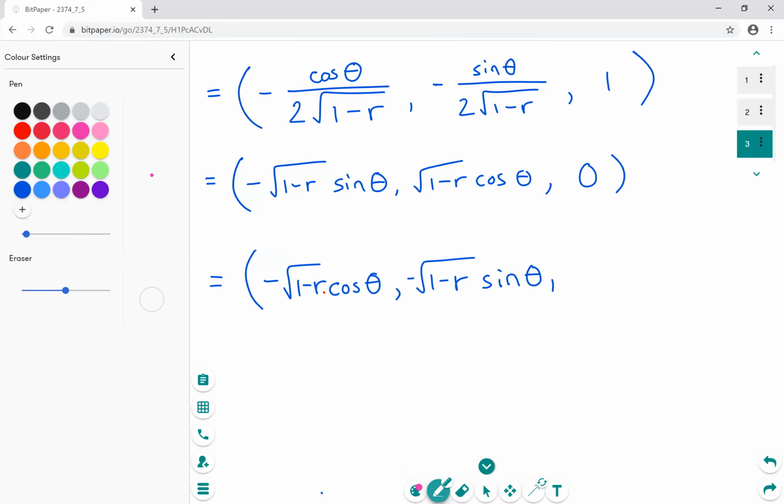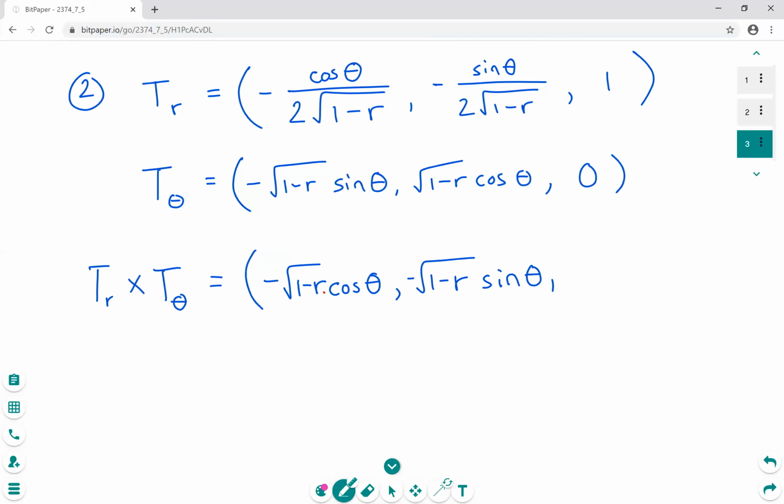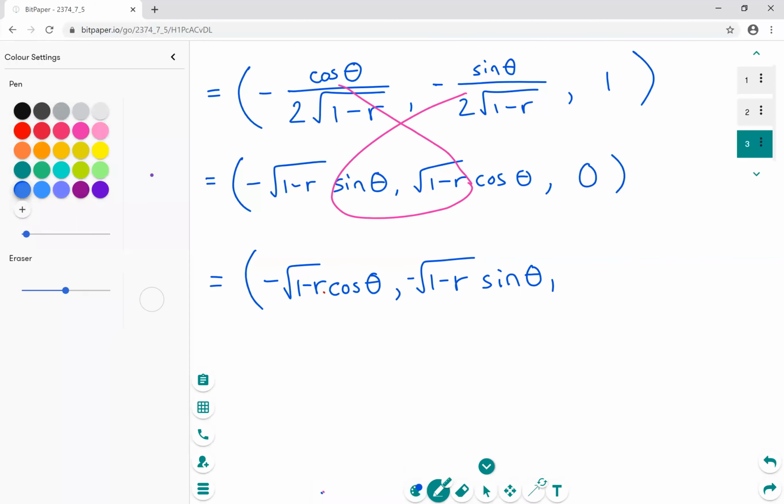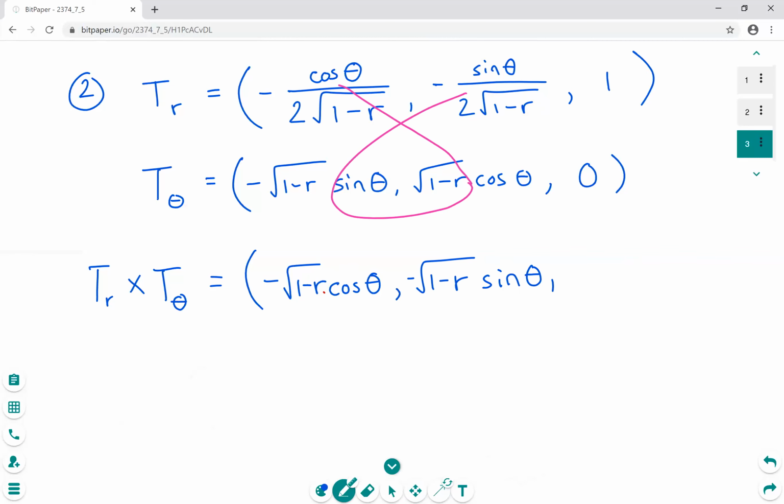And then finally, computing this last one here. When you're multiplying like this, the first component of T r times the second component of T theta minus the other. Okay, so in each of these factors, the square root 1 minus r cancels out, right? You have one in the numerator, one in the denominator.